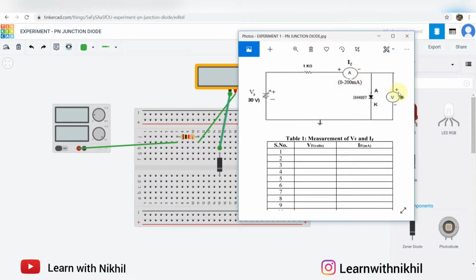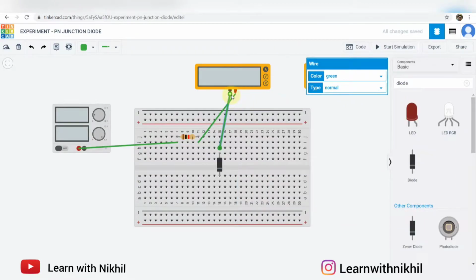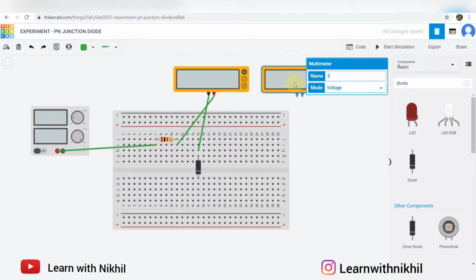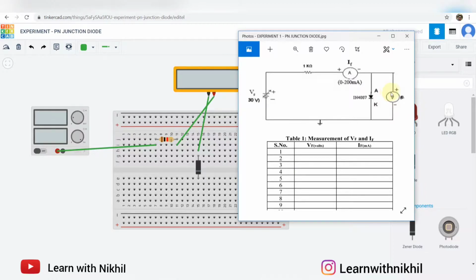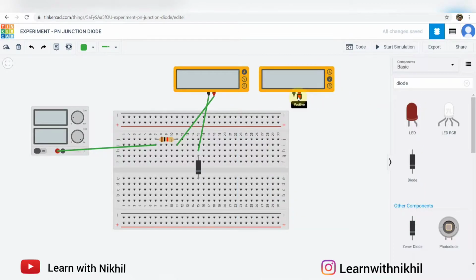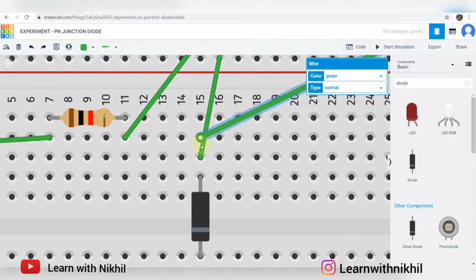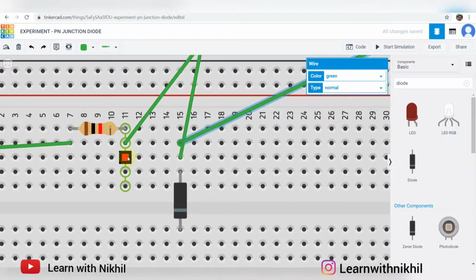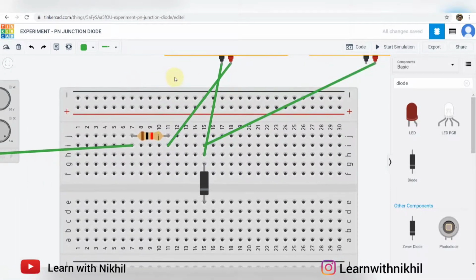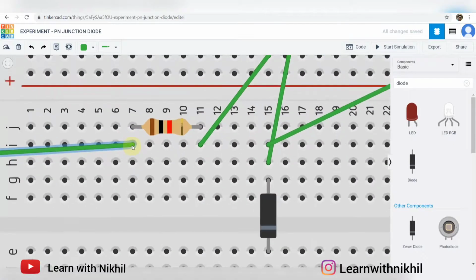Then negative of ammeter is connected to the positive of voltmeter, and also it is connected to the positive of diode. So I'll directly do the connection here on this line. You can see this line is totally connected like in breadboard. These sides are all vertically connected and the upper one is horizontally connected.